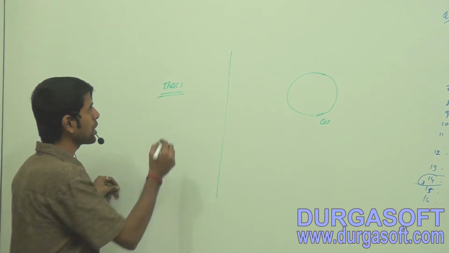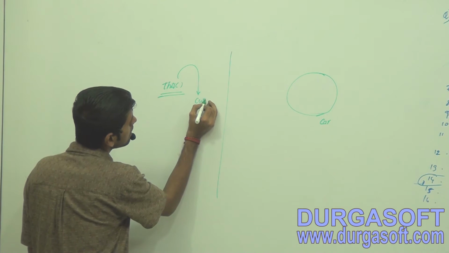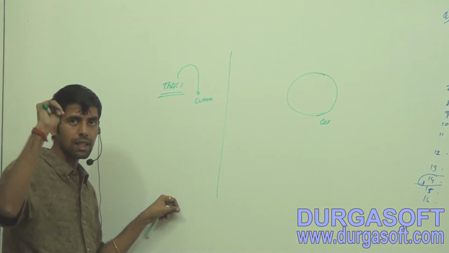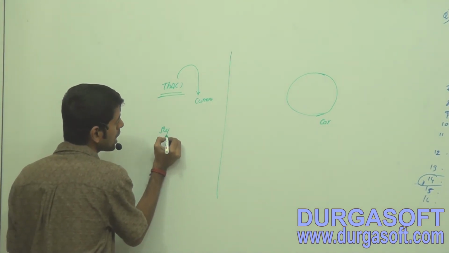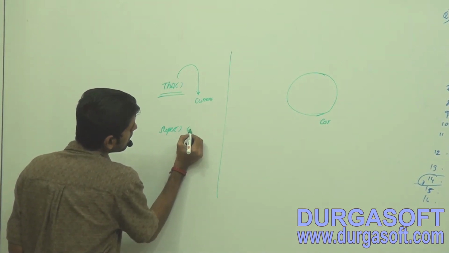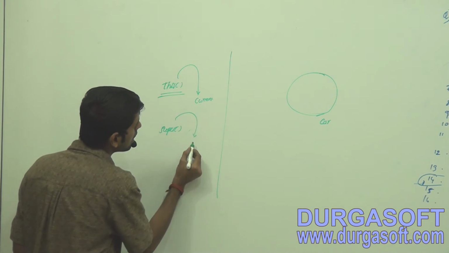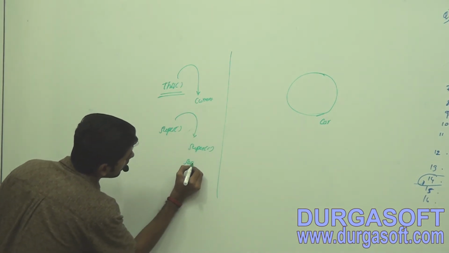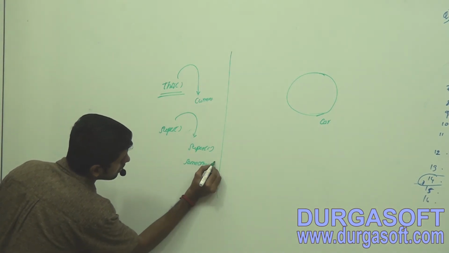This is meant for the current class constructor. If you want to call some other class, that is parent class constructors, that can be achieved by using the super method. This is meant for calling the super class or some other constructor.